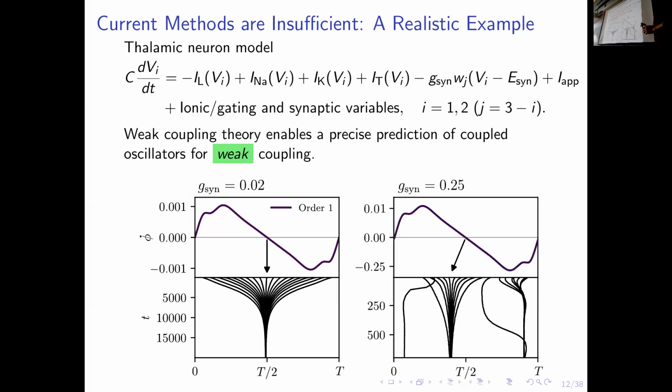Okay. And so the simple question is, how far can we push this weak coupling theory? So I just increase this coupling parameter to something bigger, which is really not that insane. This is completely biologically reasonable. But the weak coupling prediction is the same.